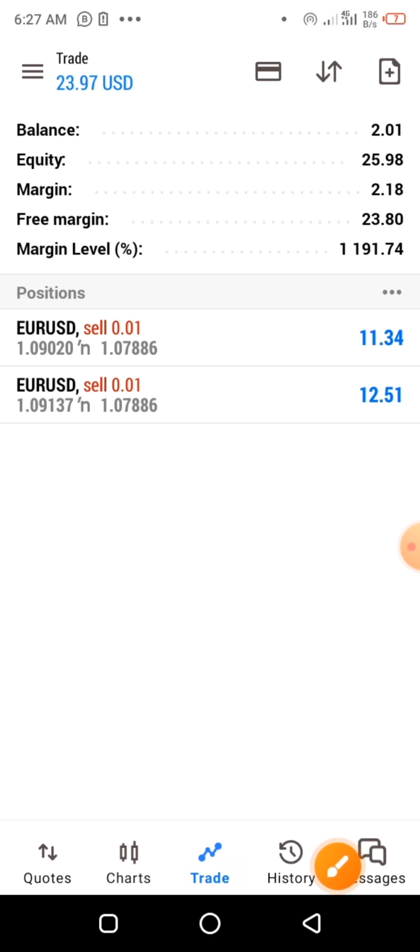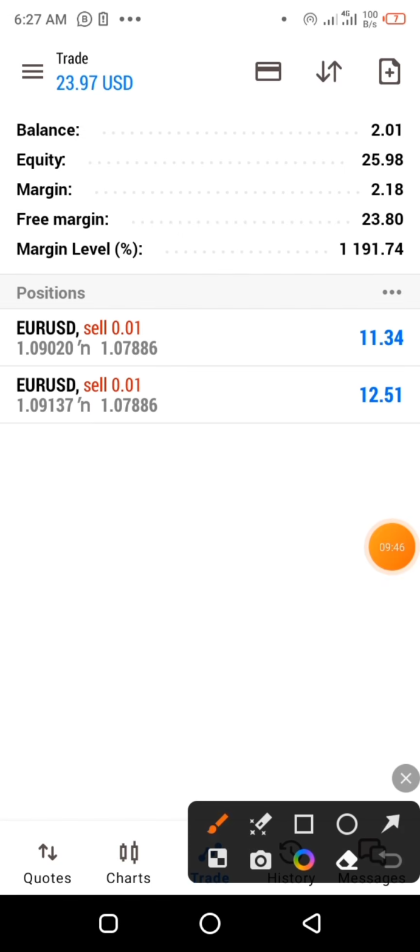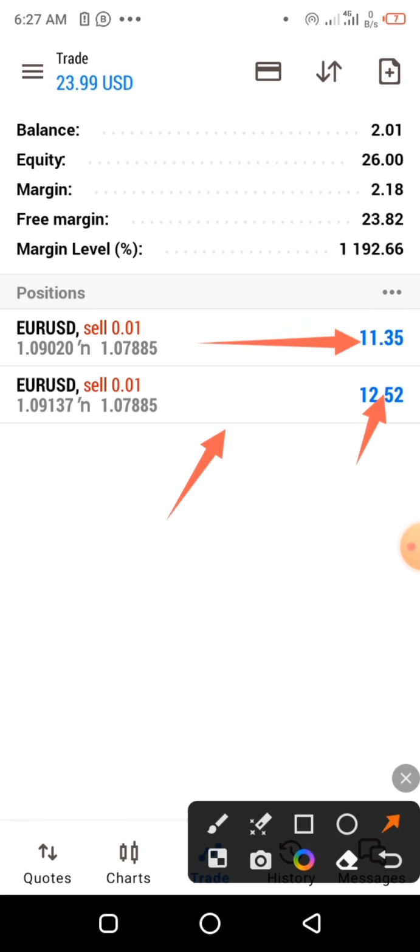Can you see? So that's how simple I entered this first position, right here, this 12.50, and as soon as it gave me $1, I just entered the second position.